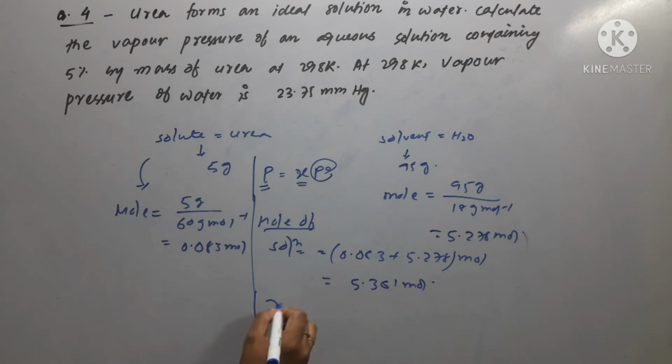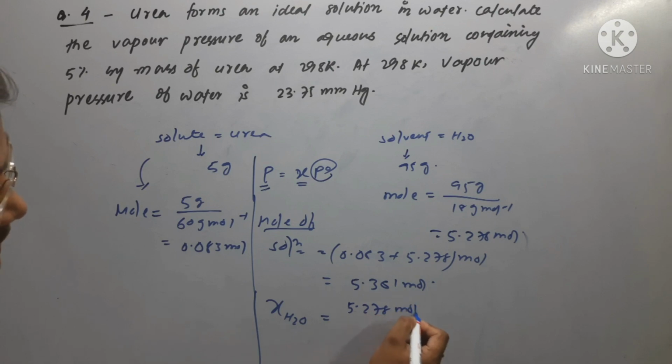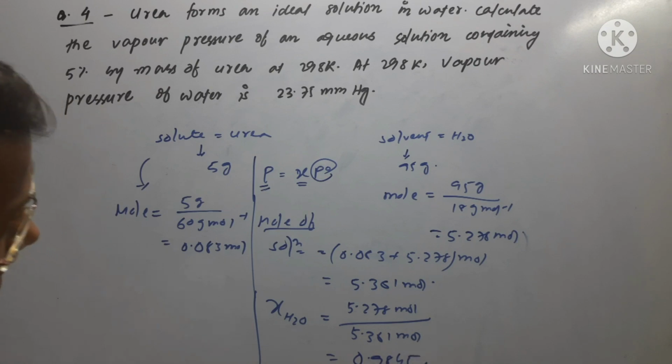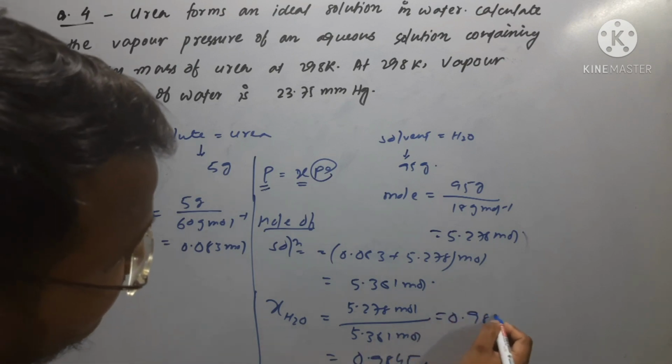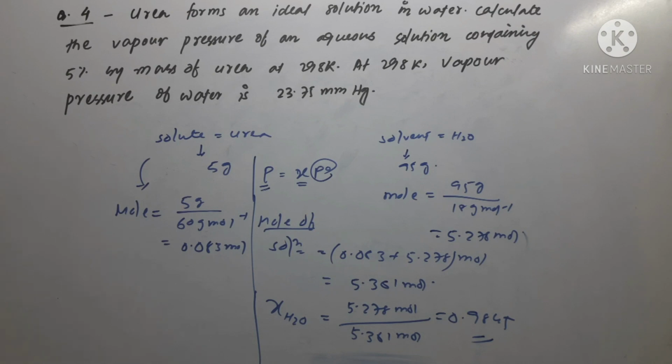Now the mole fraction of H2O is the moles of H2O, 5.278 mole, divided by the total moles of the solution, 5.361 mole. The mole units cancel out and the value comes out as 0.9845. So this is the mole fraction of water.